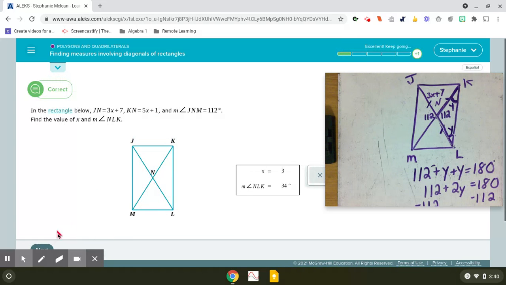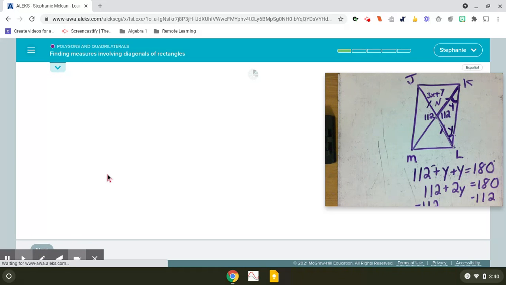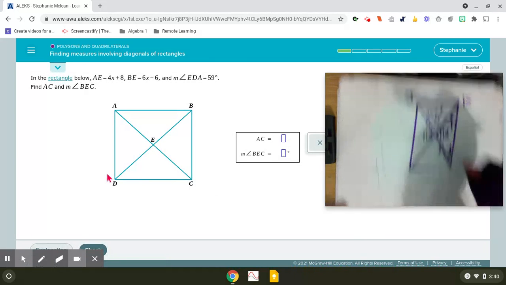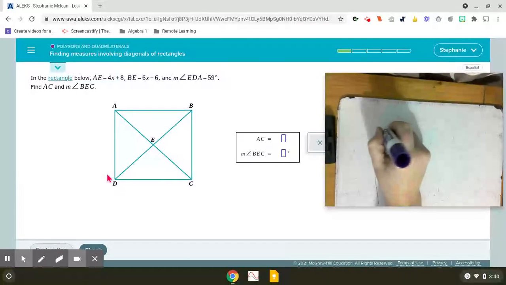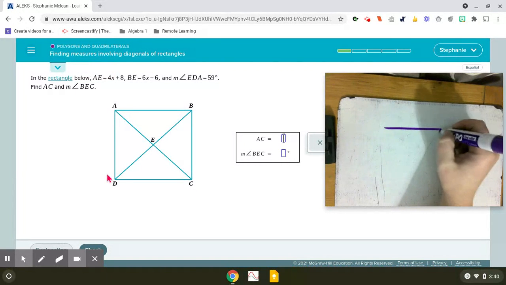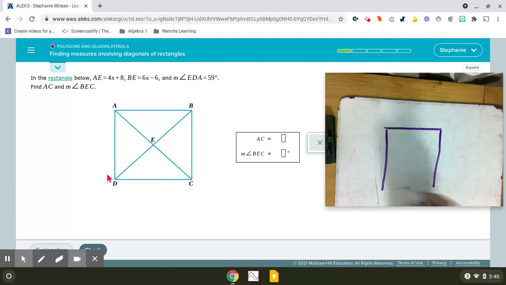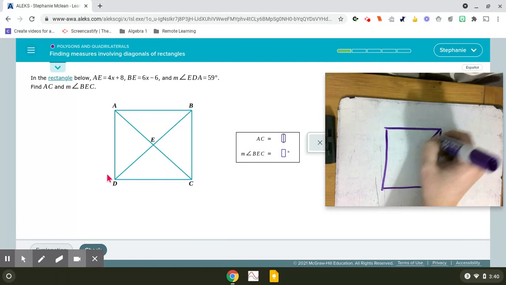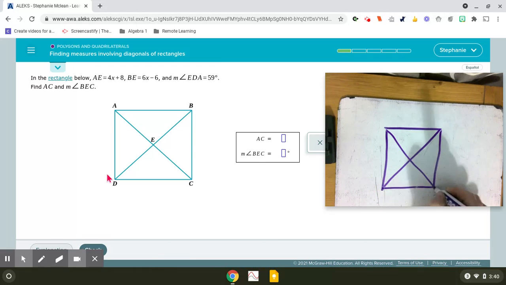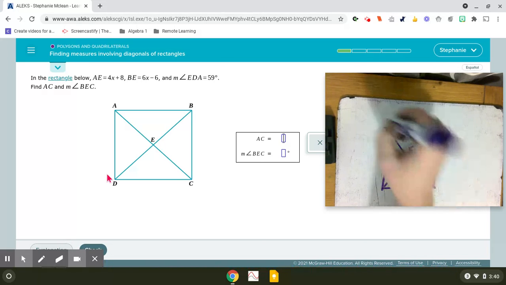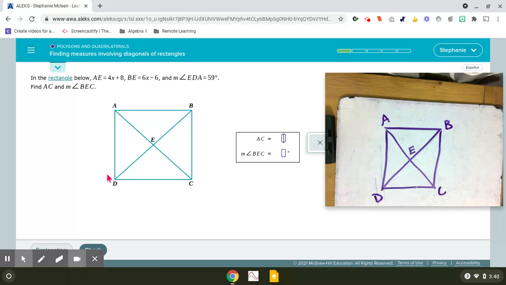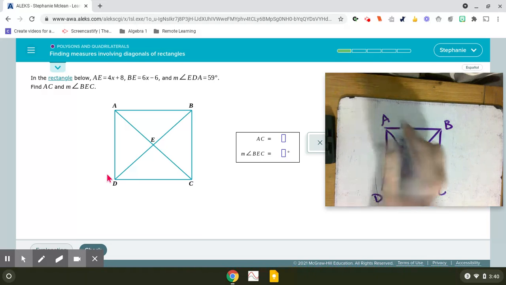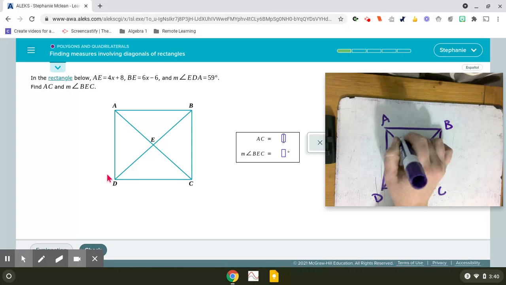All right, I'm going to show you one more of these. Here's my rectangle. They tell me it's a rectangle. I have this diagonal, that diagonal, E, A, B, C, and D. AE, this length here, is 4x plus 8.